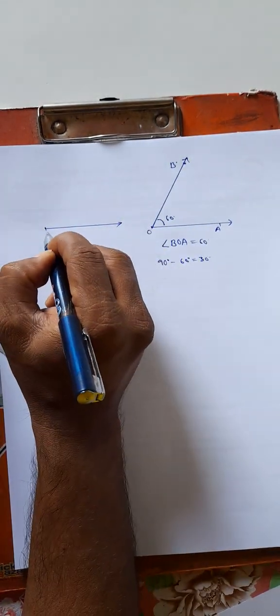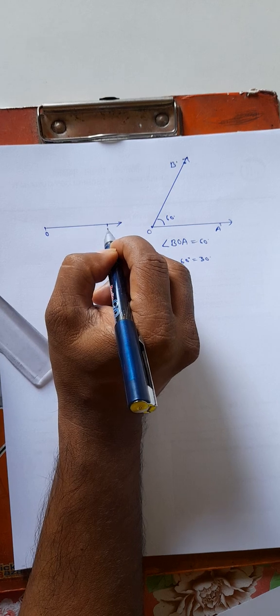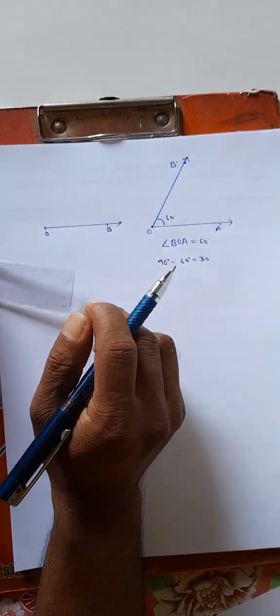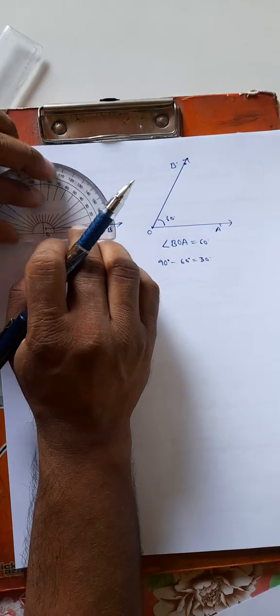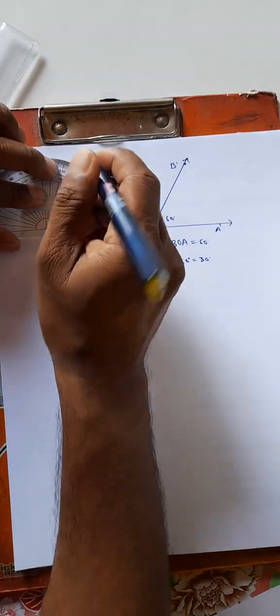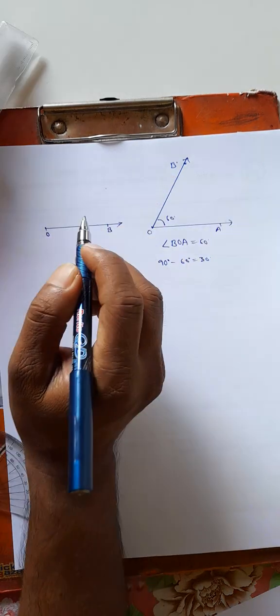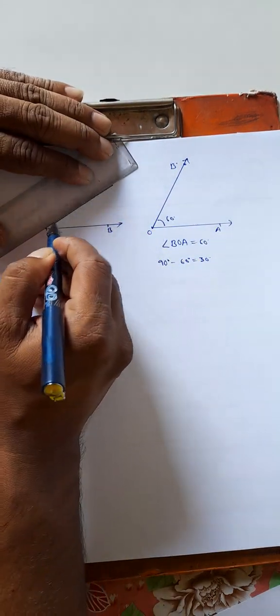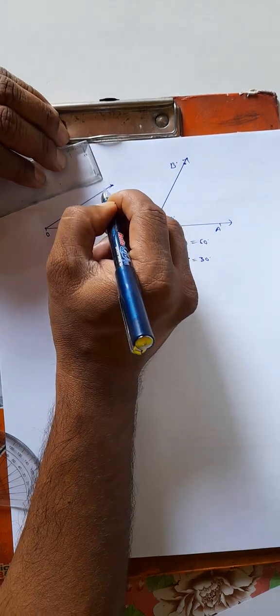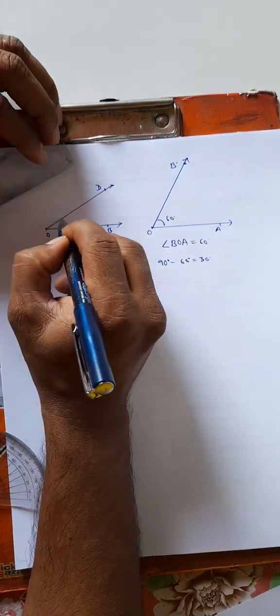So we got one angle is 60-degree, then we want to make another angle. This angle we have to make 30-degree. So 30-degree is here. So this is D, this is 30-degree.